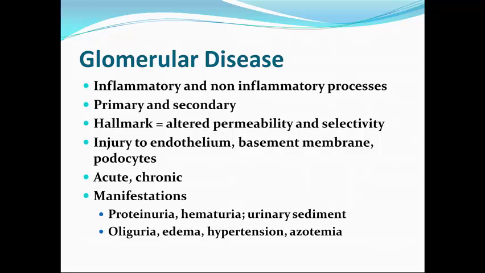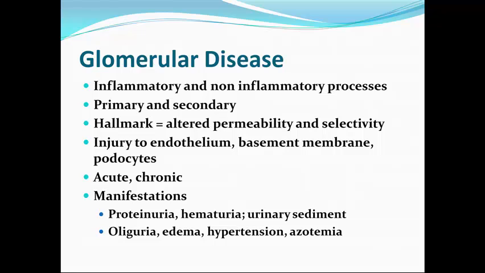The hallmark of a glomerular disease is altered permeability and selectivity of that glomerular membrane. And this is a key concept of glomerular disease, that idea of altered permeability and selectivity of that glomerular semi-permeable membrane.